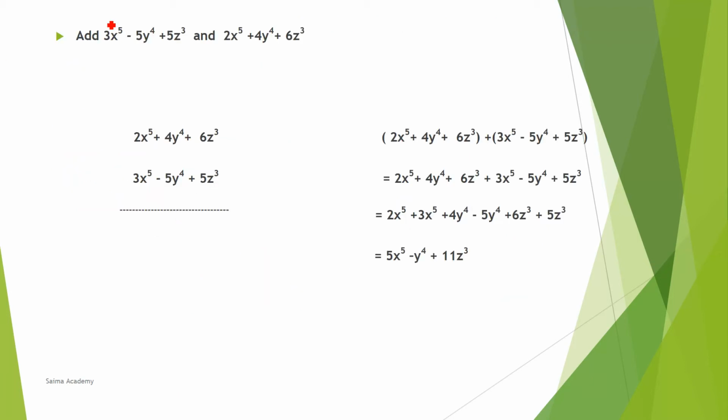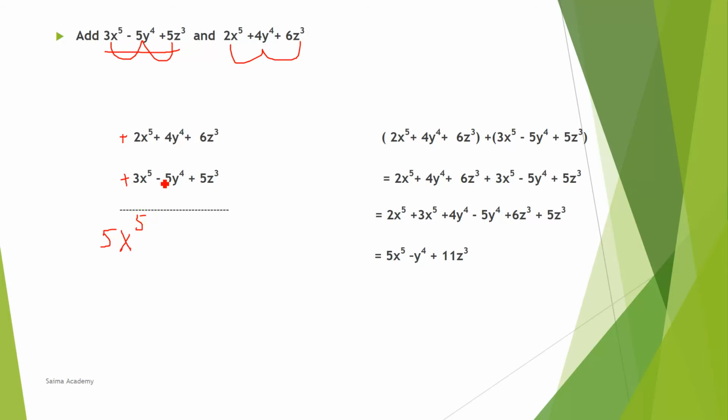Now we will come to our topic, that is the addition of polynomials. So you have to add, this is a trinomial, it has 3 terms, 1, 2, 3, 1, 2, 3. You have to add these, right? So in addition you do not have to change the sign. Whatever the sign is, if there is no sign, it is plus. So 2 and 3 will be 5x^5.